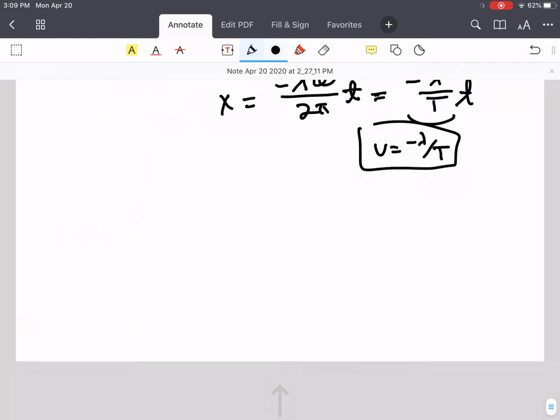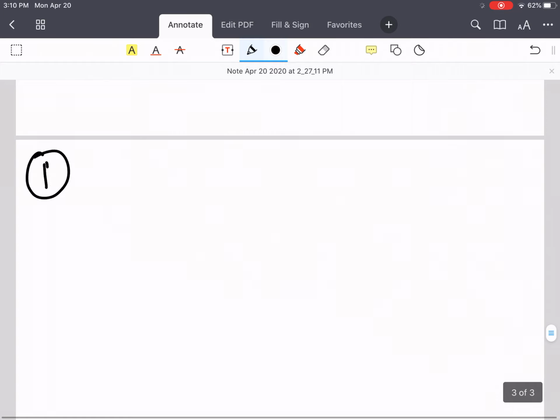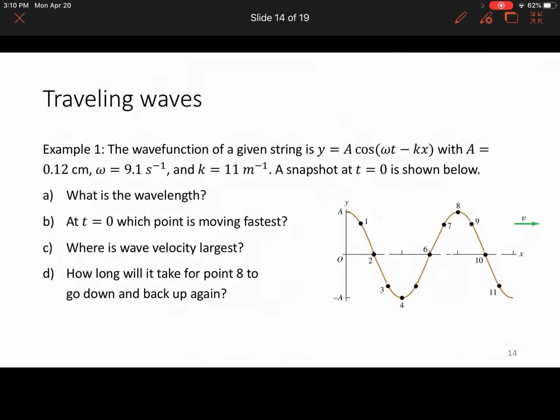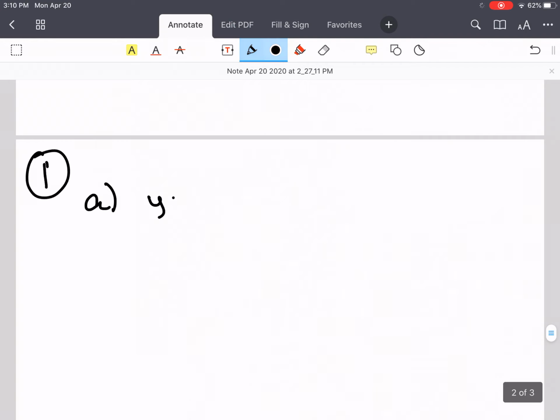All right, so first off, what is the wavelength lambda? Well, we're given quite a bit of information. We're given the whole wave equation, A cosine omega t minus kx, which again tells us everything.